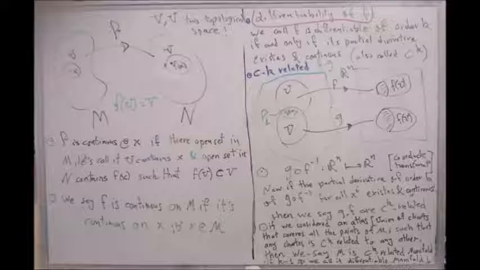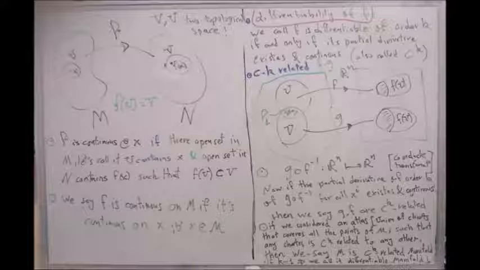And if I can find an atlas such that any two of these one-to-one maps are differentiable, I can call it a C^K manifold. That is, any two of these one-to-one maps are C^K related, which means the partial derivatives exist and are continuous. The partial derivatives with respect to what? To x1, x2, x3, the coordinate system. So this is the definition of C^K related.